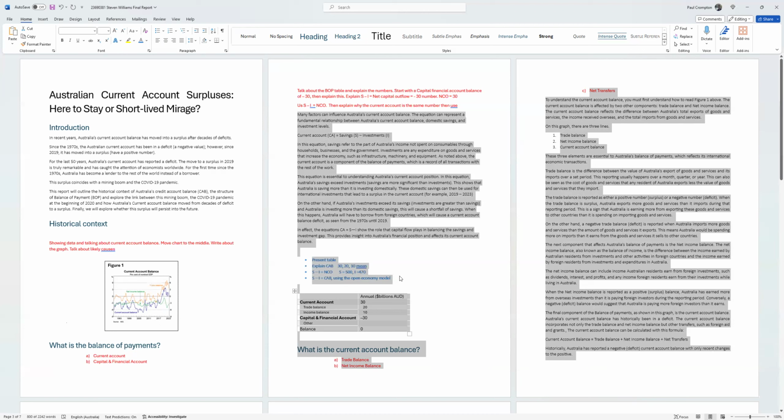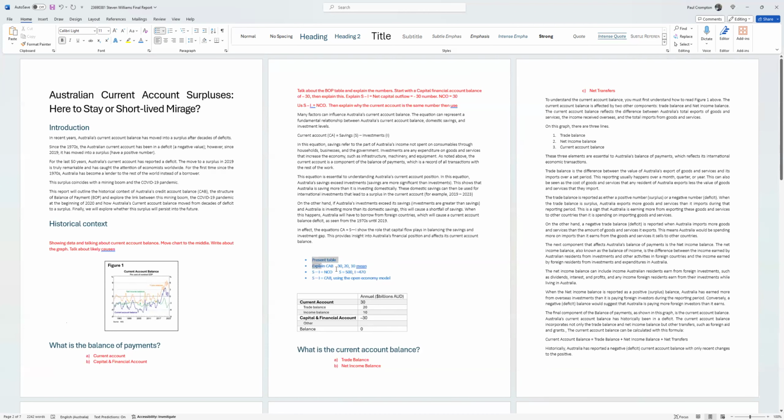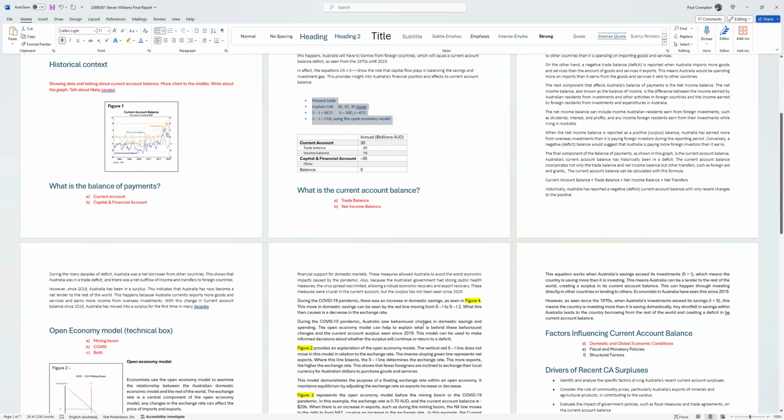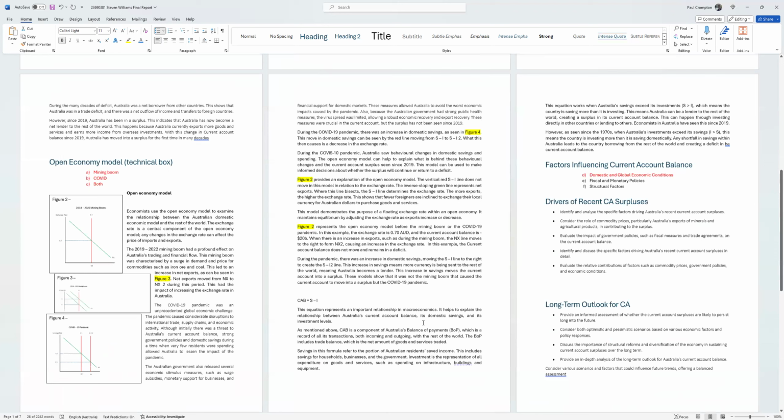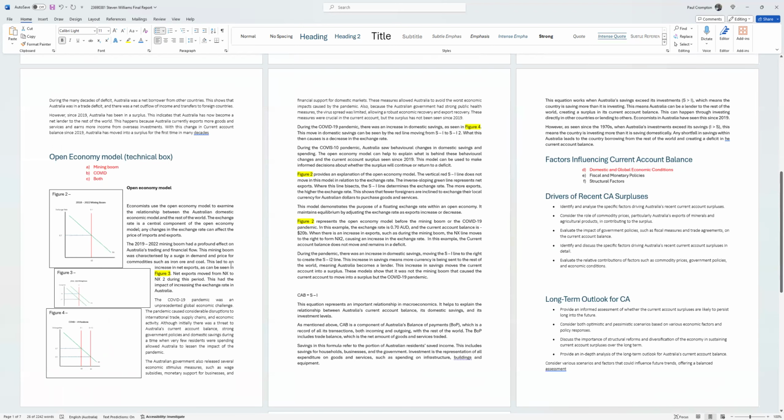But if you actually do what I've suggested here, which is really a heavy emphasis on a nice clear table and using the numbers in the table to explain what the balance of payments means, that is, explaining the numbers, then the reader's going to have a much better chance of understanding it all. So just rework that. But yeah, it looks like generally you're on the right track.